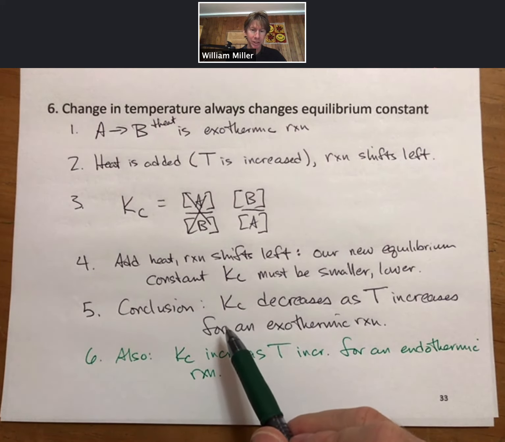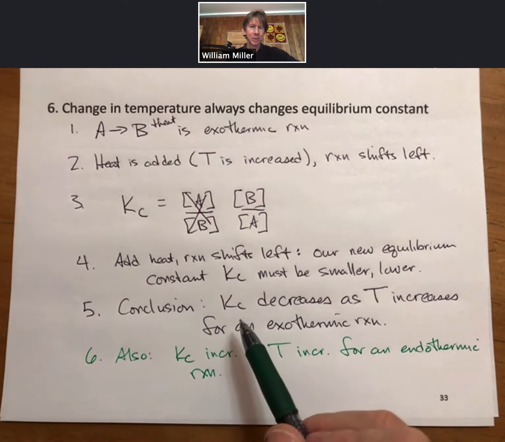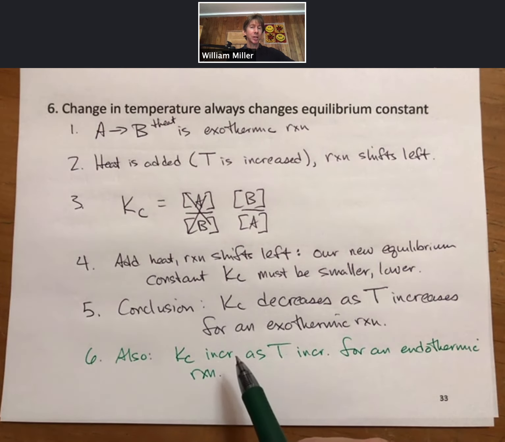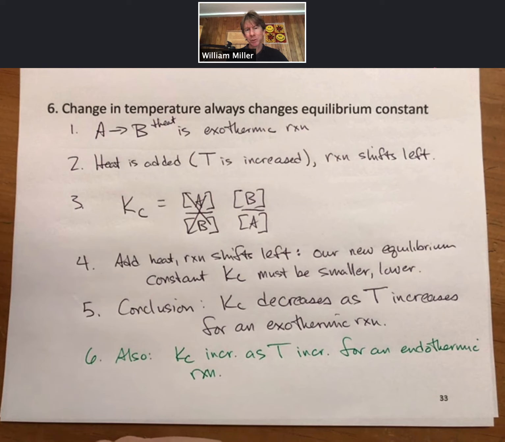Kc is getting smaller. So you raise the temperature, your reaction gets to equilibrium faster, but that equilibrium has less of the products you were trying to make. Always fun things to keep in mind when you're trying to balance getting enough product made, your reaction rate per time, with the position of equilibrium.